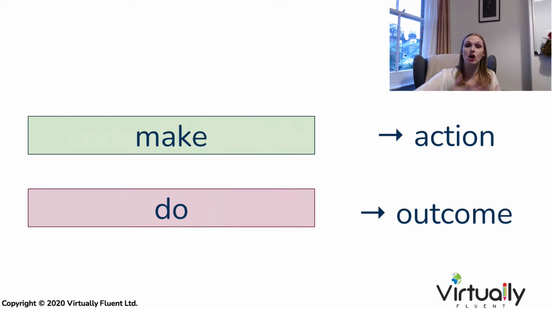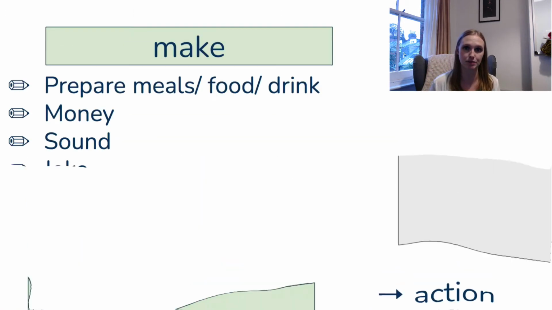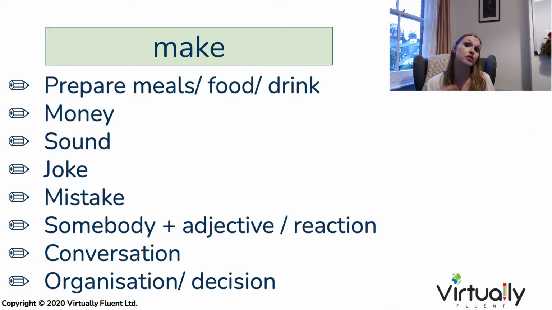Make focuses on the action, the process, whilst do focuses on the outcome, the end result. Having said that, there are lots of collocations and very general situations when we would tend to use make or we would tend to use do. Let's have a look at some of those typical situations with the verb make.